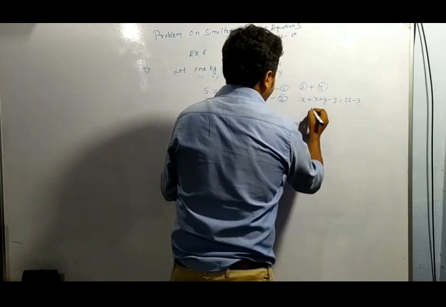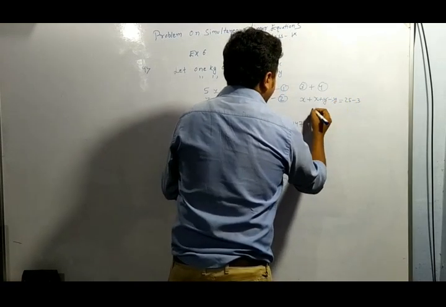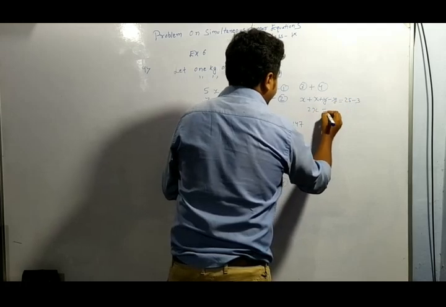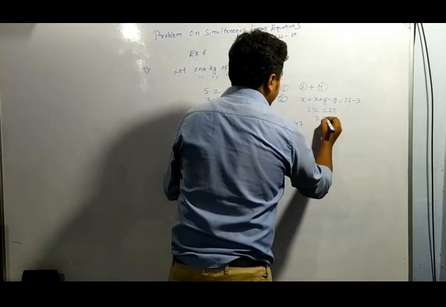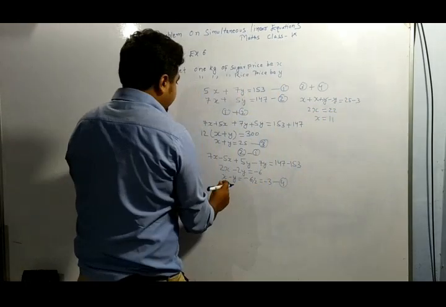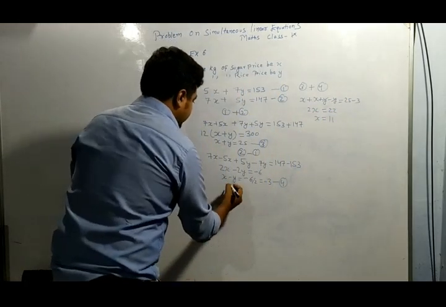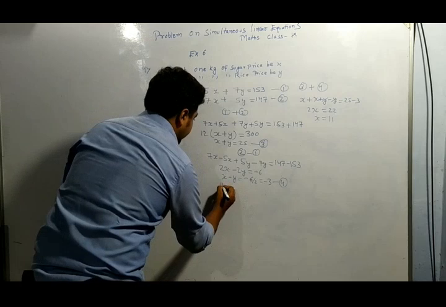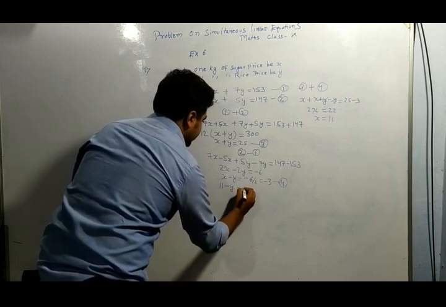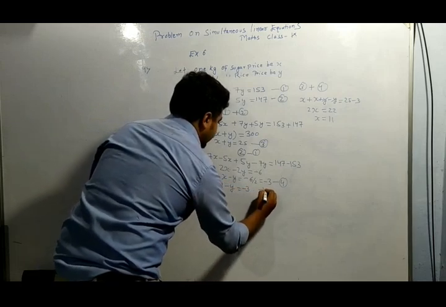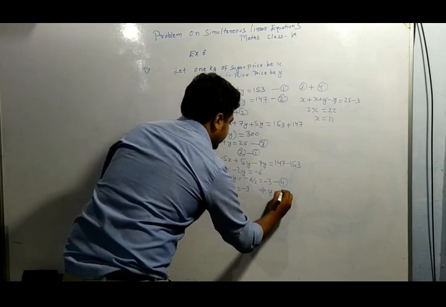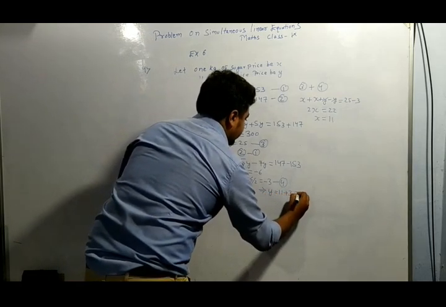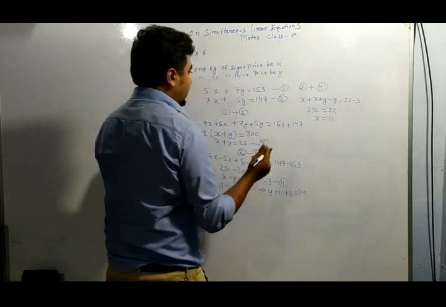So from here the y will be cancelled. 2x is equal to 22 and x is equal to 11. Now we can get the value of y. If I substitute here, 11 minus y is equal to minus 3. So we are getting y is equal to 11 plus 3, which is equal to 14. We have got the value of y.